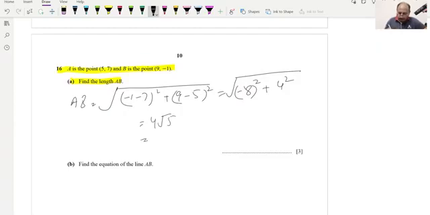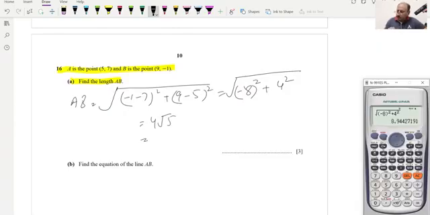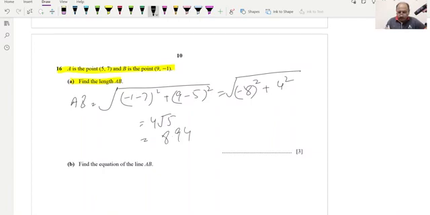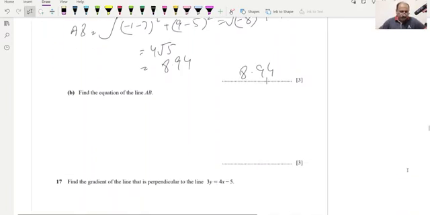This can be the answer, or we can provide it in decimal. This will be 8.94, and 8.94 will be the answer to 3 significant figures.